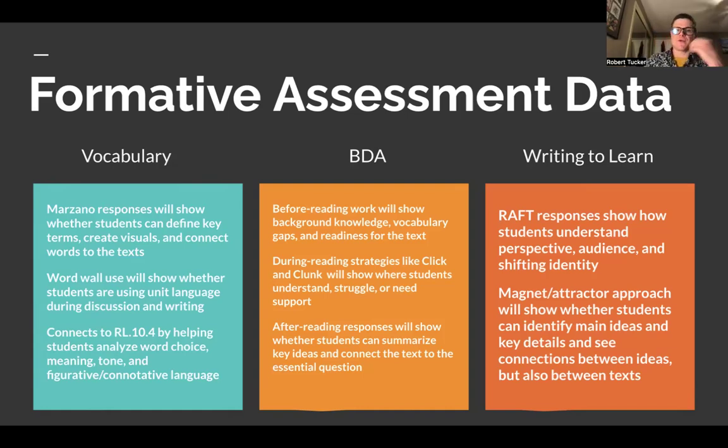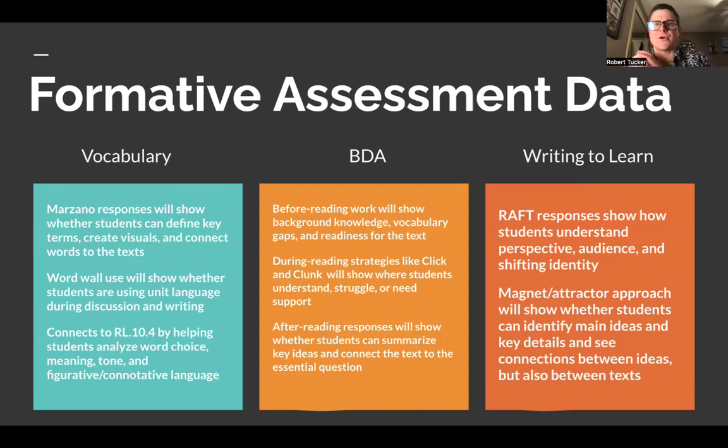And then, after reading, obviously I'll be able to understand if there are key ideas that they're not picking up on, if there are themes that they haven't quite gotten, and whether or not students are ready and capable to move on to the next text. I think ensuring that they understand and have gathered the important information from the previous text will be important before you move to the next.